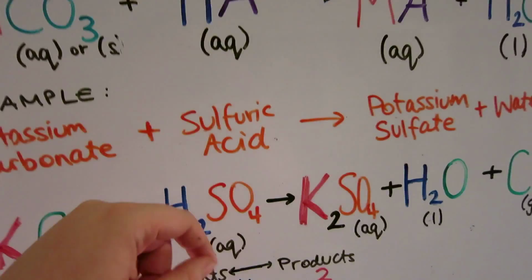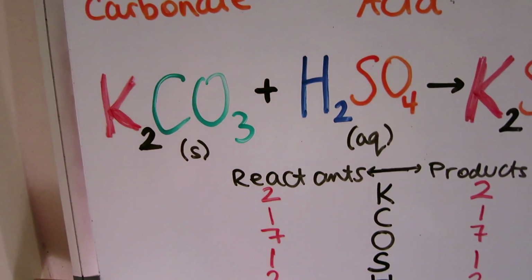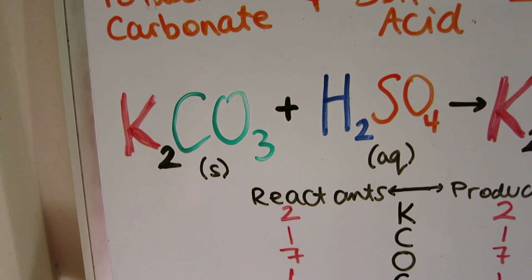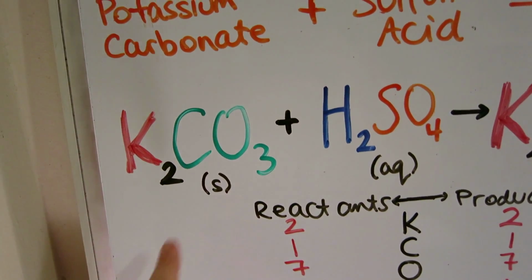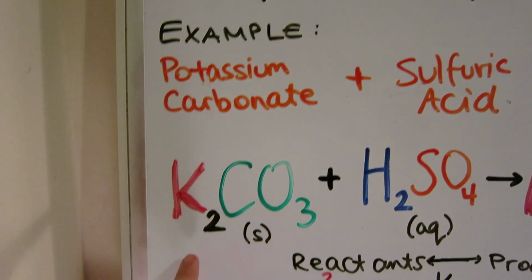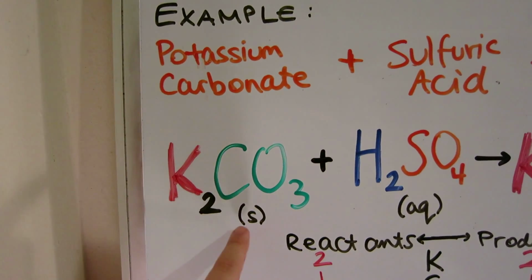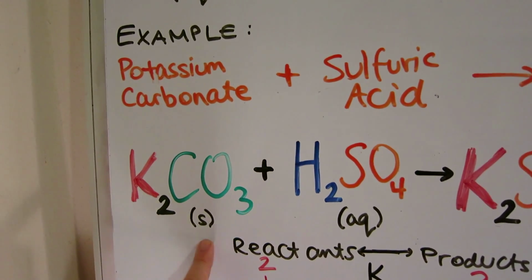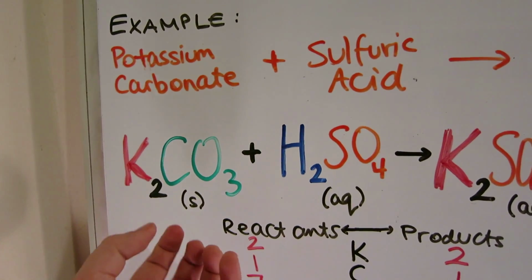So let's look at the actual reaction. We actually have it balanced. So we have our potassium carbonate, K2CO3, and this is a solid, say we have it as a powder.